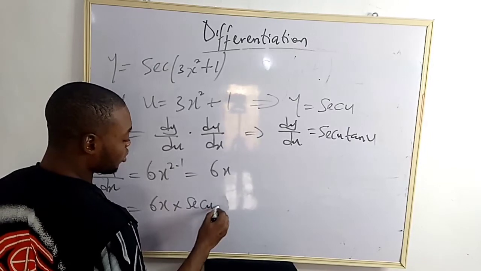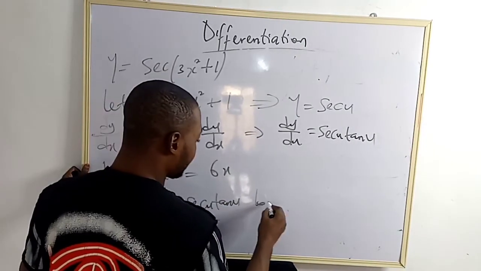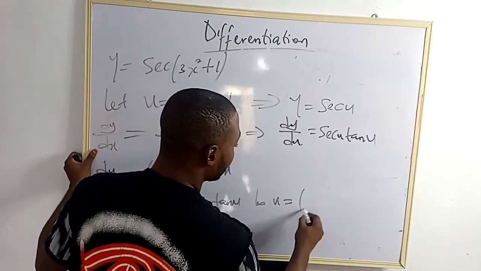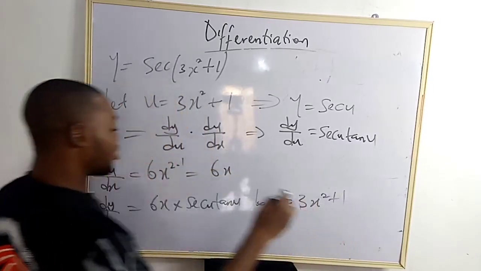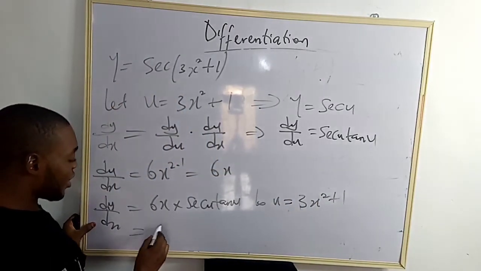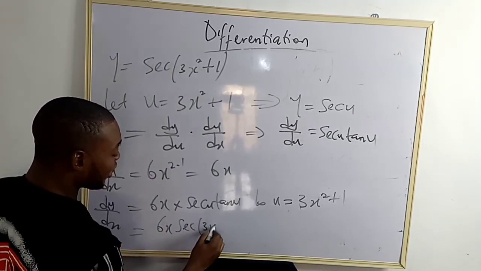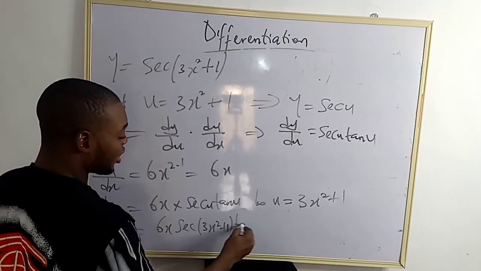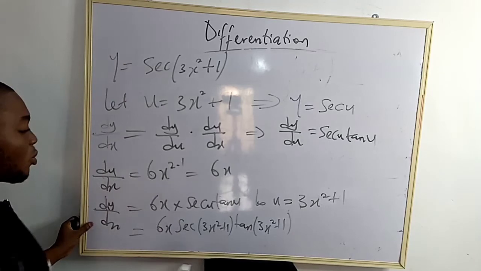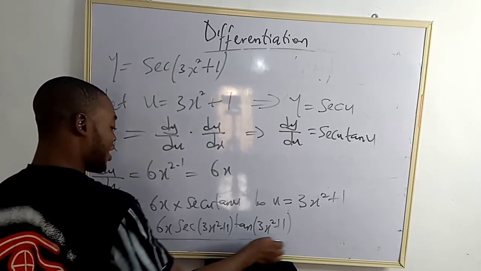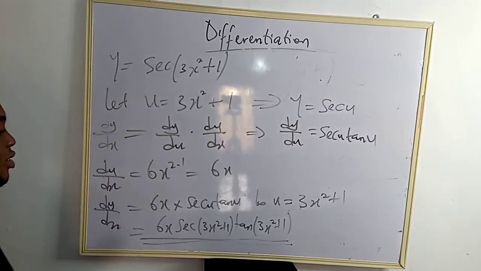But don't forget that u is equal to 3x squared plus 1. So dy/dx is equal to 6x sec (3x squared plus 1) tan (3x squared plus 1). So that is the derivative of this function.